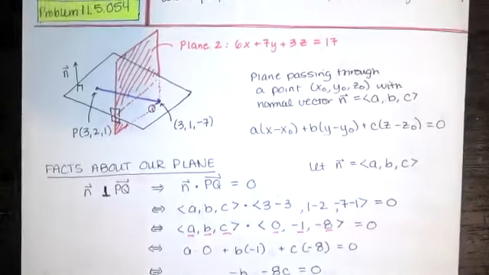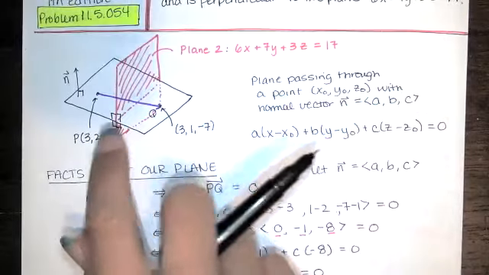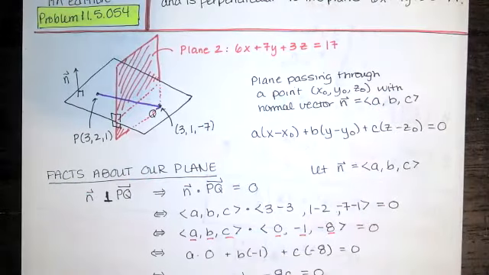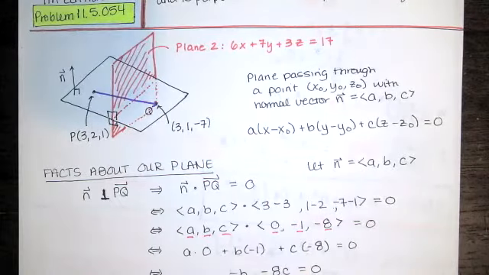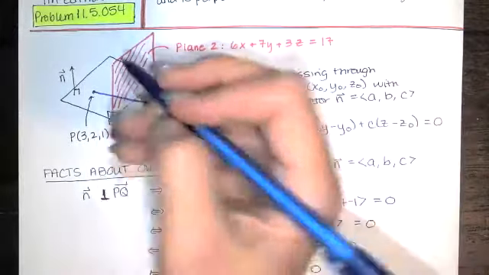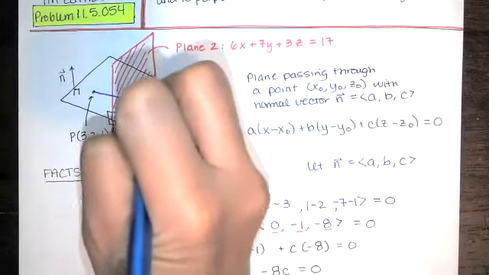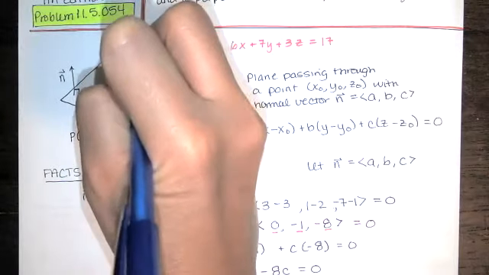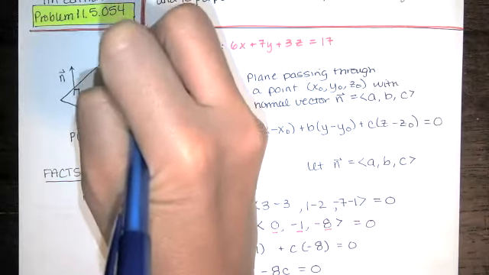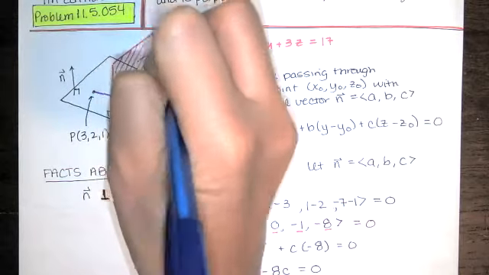Well, we also know that this second plane is perpendicular to our plane. And if this plane is perpendicular to our plane, that means the normal vector for this plane, which I could draw down here, well, you could draw it anywhere, but it's a little bit difficult.